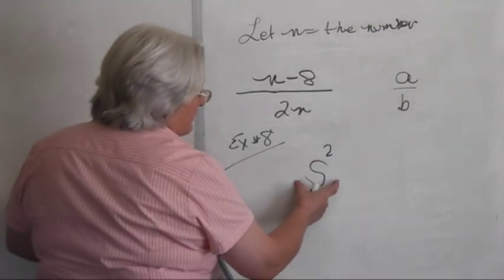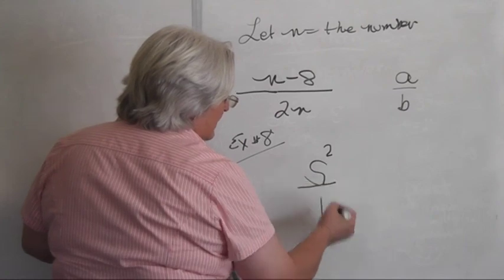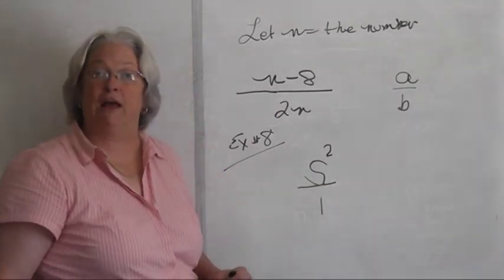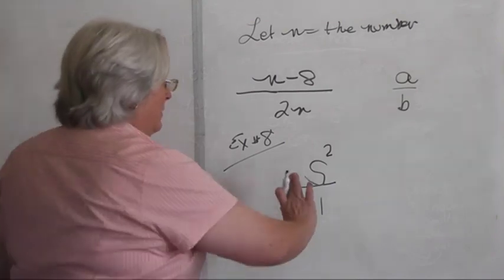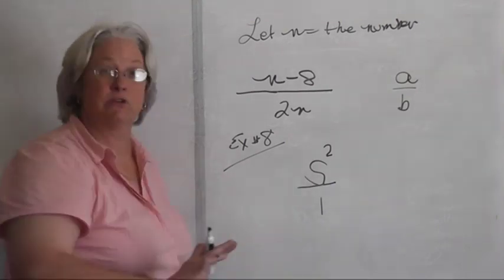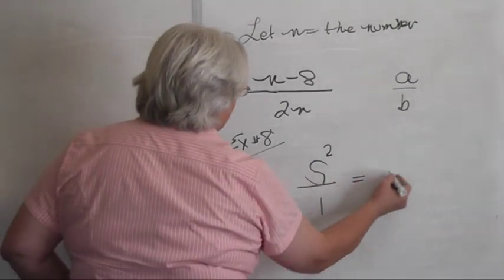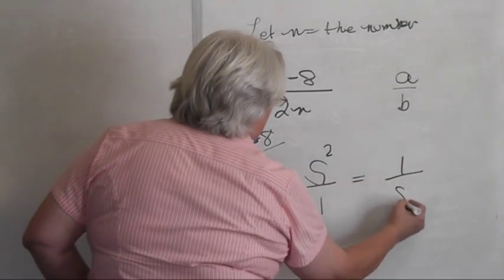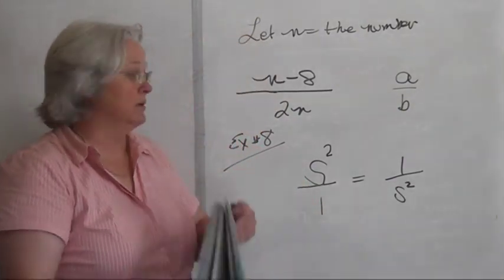Here we have the square of a number, which we can write so that it looks like a fraction as if S squared over 1. What's the reciprocal of S squared over 1? Well, you turn that fraction on its head, and you have 1 over S squared.